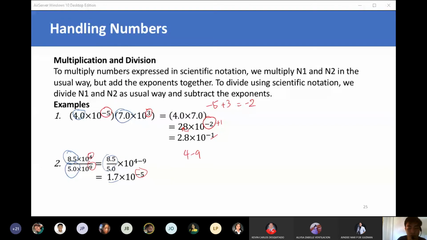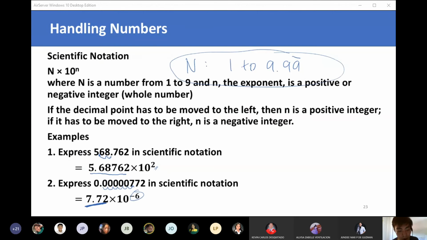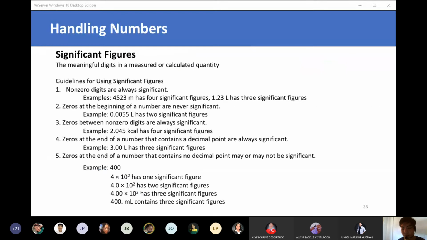For multiplication and division, regardless of what exponent it may be, you just add them or subtract. For multiplication, you add the exponents. For division, you subtract the exponents. So that's it for scientific notation. Last one na tayo.